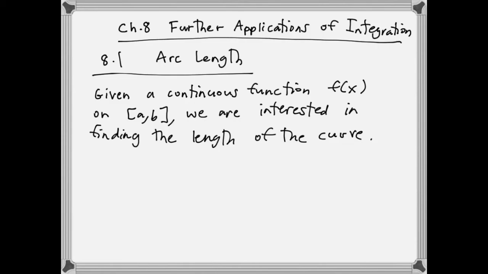Okay, so let's give an example of what this kind of thing looks like. Let's do it on the next page. So here's A and here's B, and let's say that we have some sort of a curve, right? And so we are actually interested in figuring out the length of this curve.